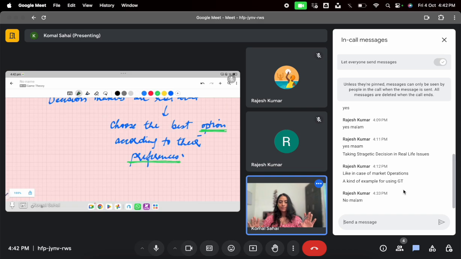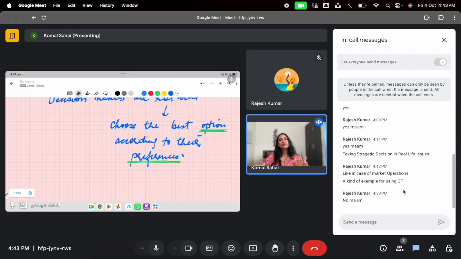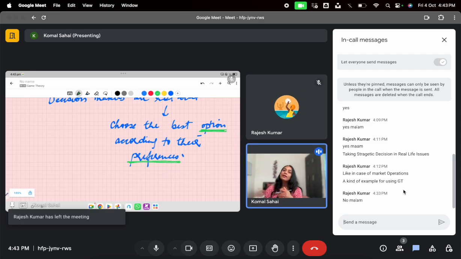That's the same thing. Just that earlier, if they had to maximize their utility, they had to choose a bundle that maximizes their utility, right? Similarly here also they will have to choose an action that maximizes their utility.